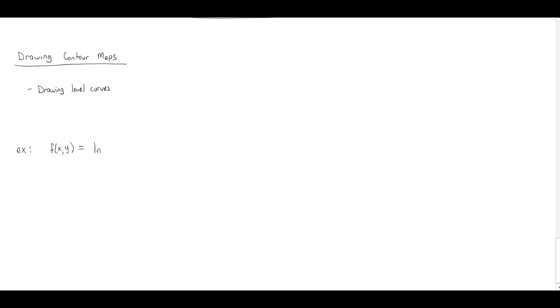For this function, we want to sketch some of the level curves. Then we're going to put all the level curves into one plot, and that will be our contour map.